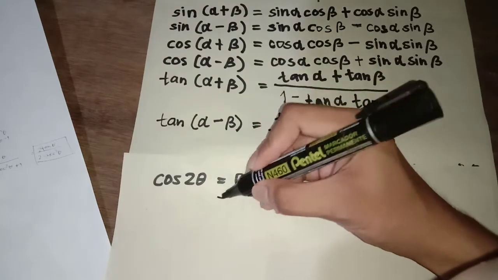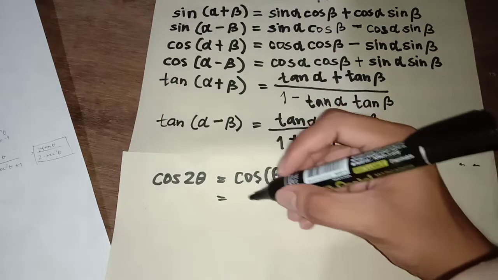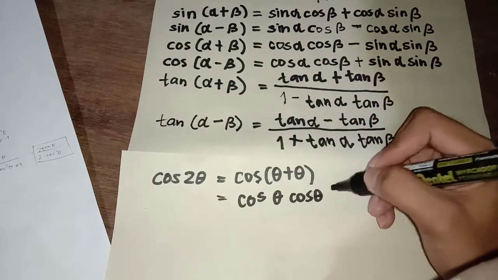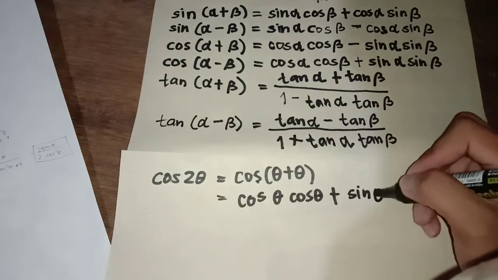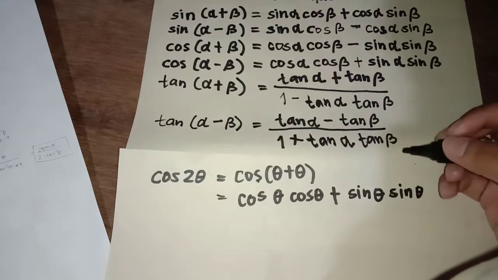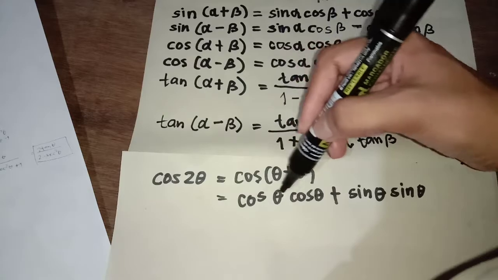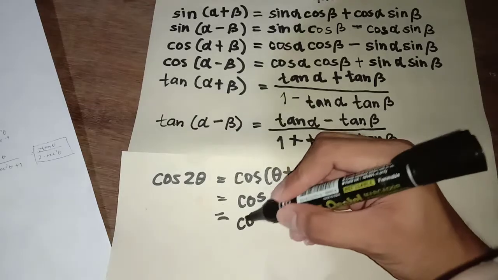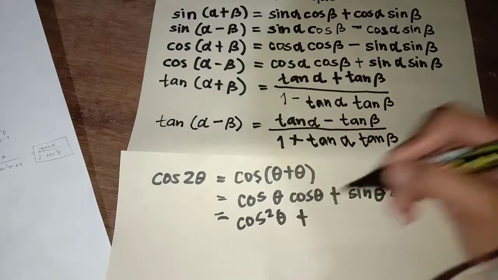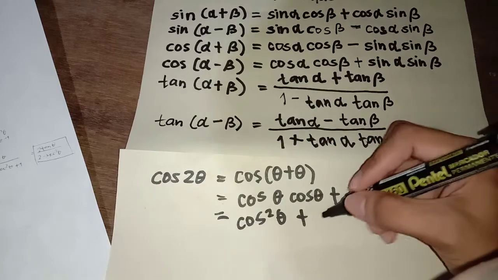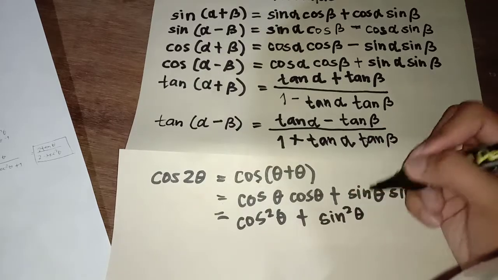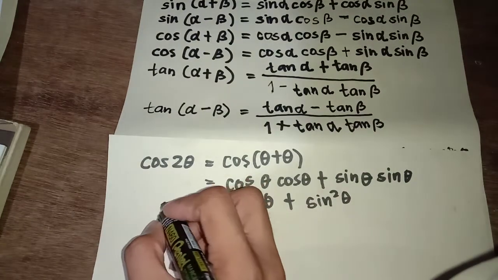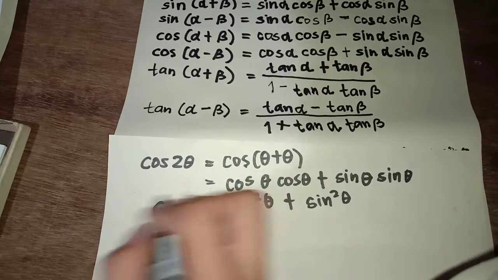So we have cosine theta cosine theta plus sine theta sine theta. Cosine theta times cosine theta is cosine squared theta, then sine theta times sine theta is sine squared theta. So we just derived another formula for cosine 2 theta.